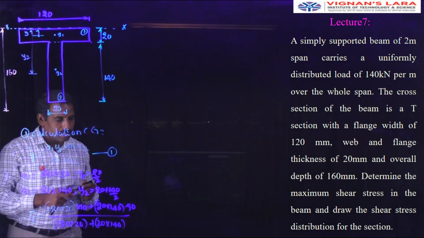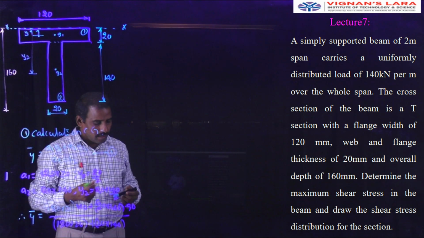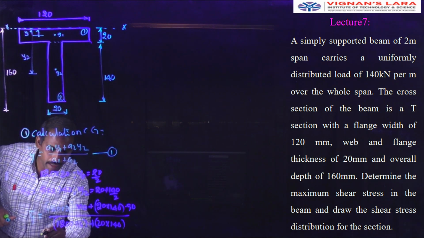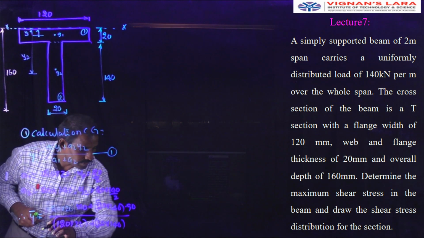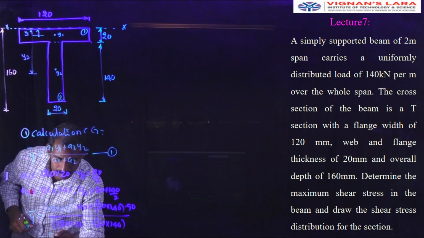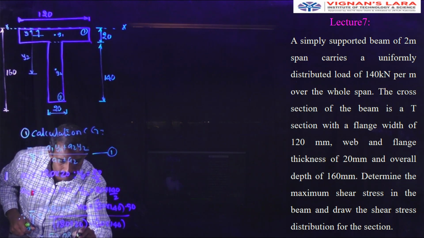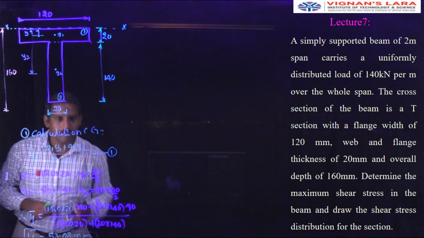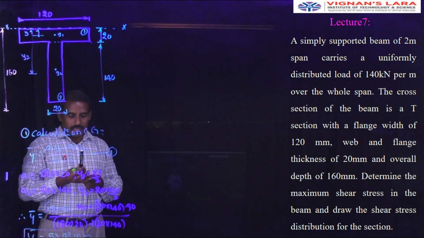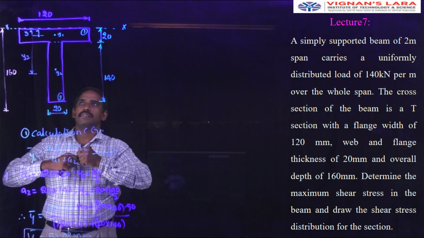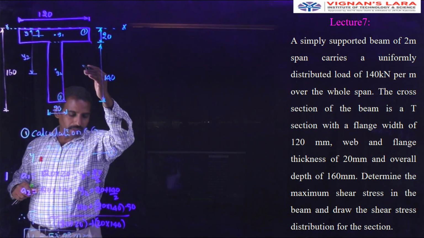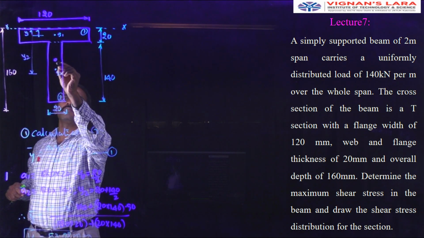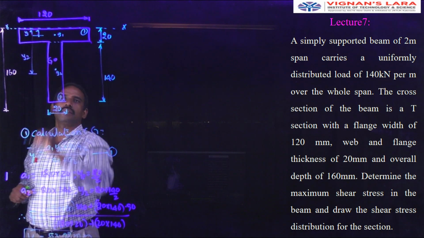After computing this value, the centroid from the top end is 53.08 mm. This is y bar. Simply mark the centroidal axis, this is the centroid of the T section.